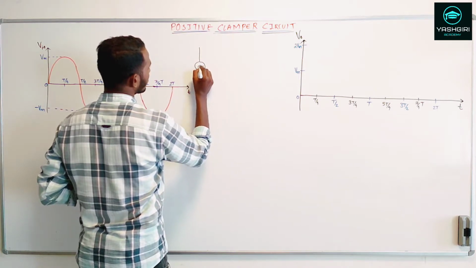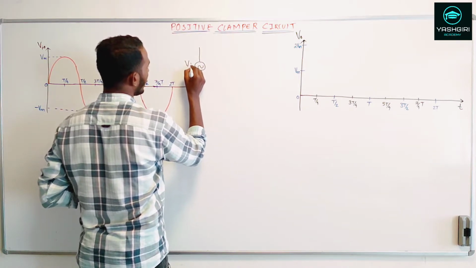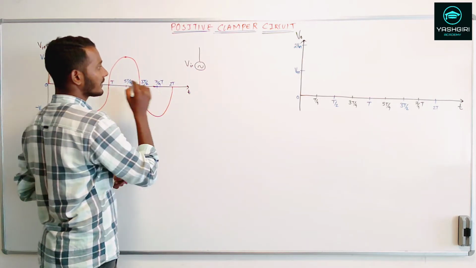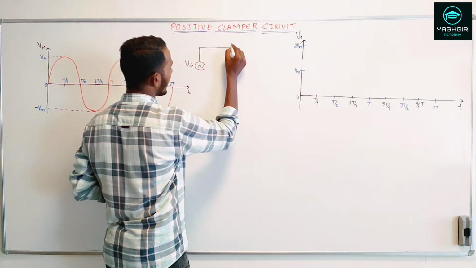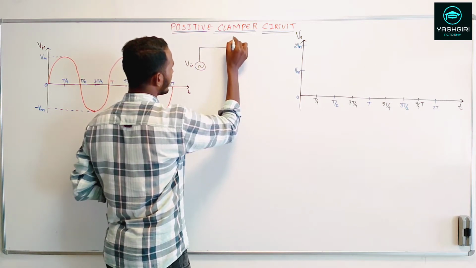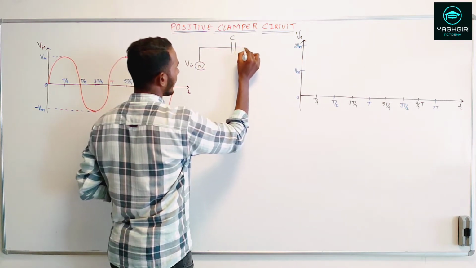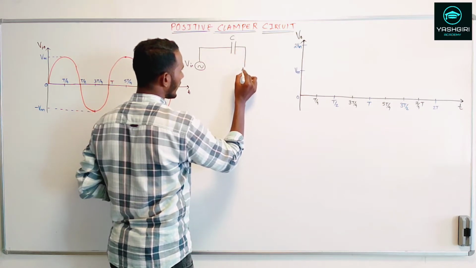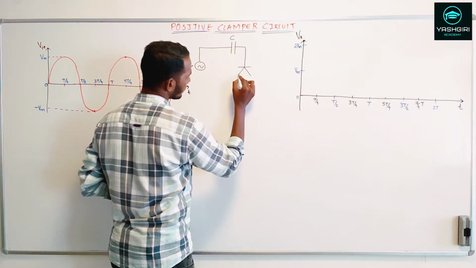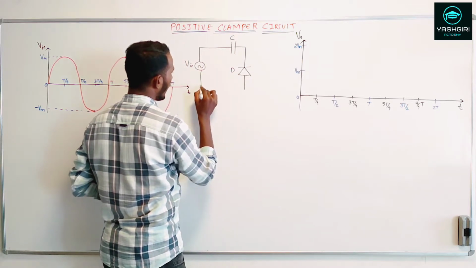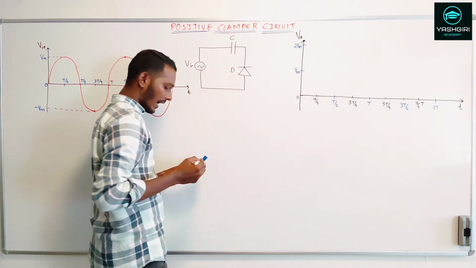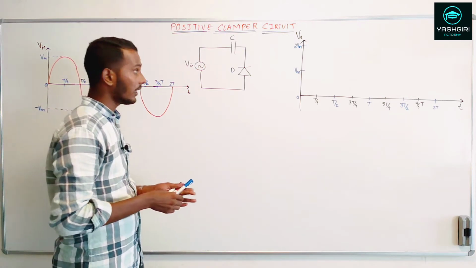Let this be the input voltage V in, that is our AC signal, and this time I'll be making use of a capacitor C. Let this be the capacitor C, and I connect this capacitor to a diode D. We are going to measure the V out across the load RL.